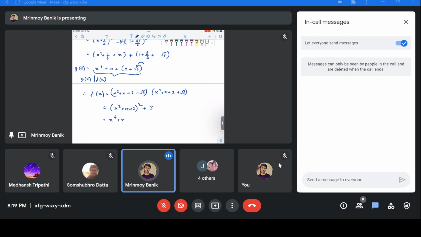Expanding, we get x to the fourth plus 2x cubed, 4x squared, 4x minus 3. Sorry, should be minus.